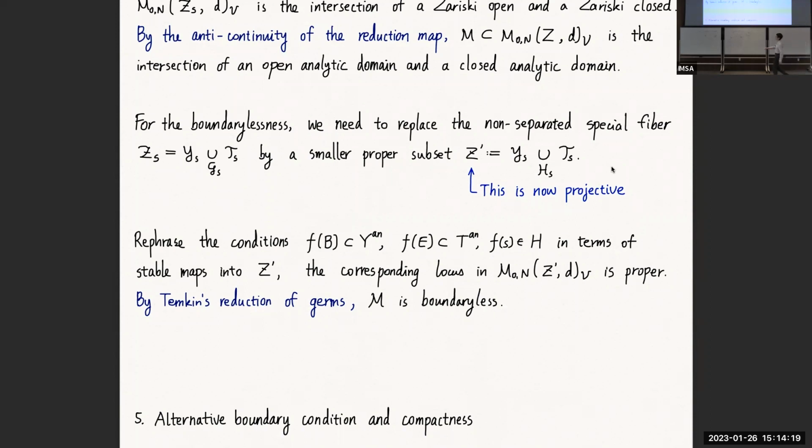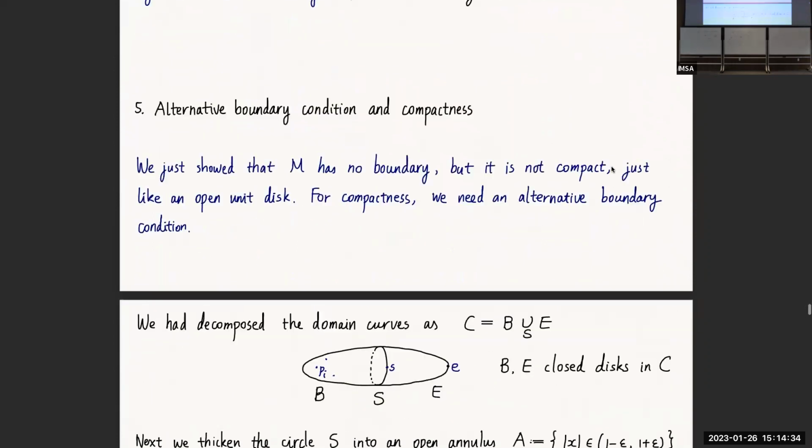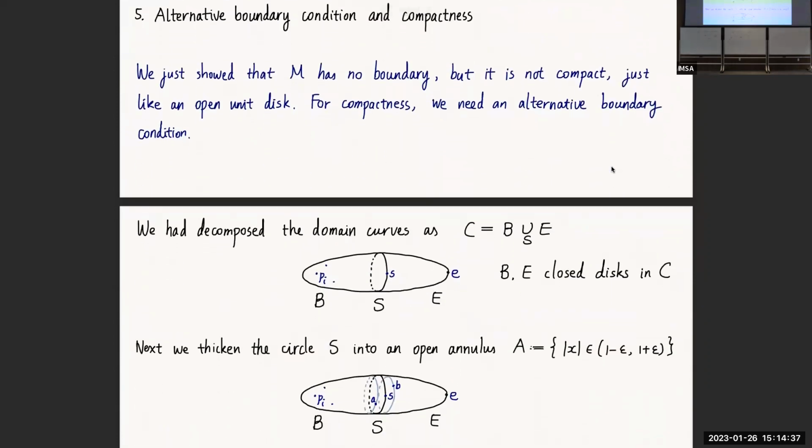Okay. And now let me say something about compactness. So we just talked about this boundary part. Now let me say something about compactness. For compactness, we have to consider an alternative boundary condition. Recall that we had decomposed our domain curve as the union of two closed unit disks. Now for compactness, we will thicken this circle into an open annulus A. A is defined by the inequality that the norm of x lies between 1 minus epsilon and 1 plus epsilon.